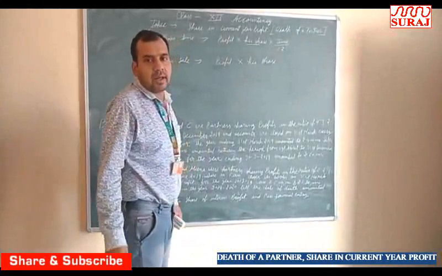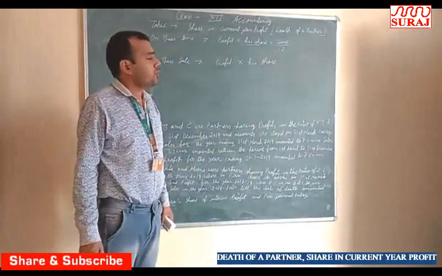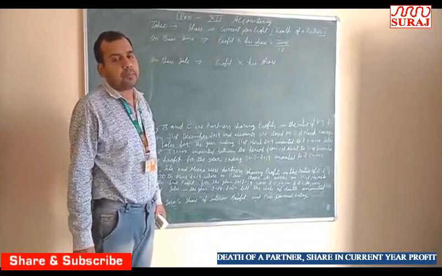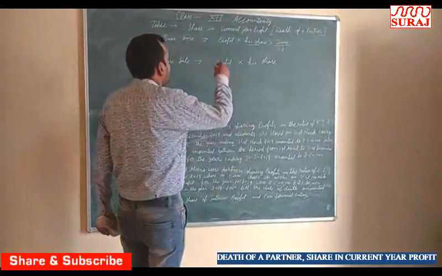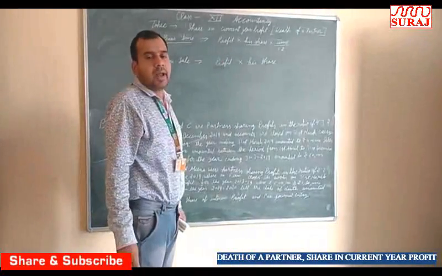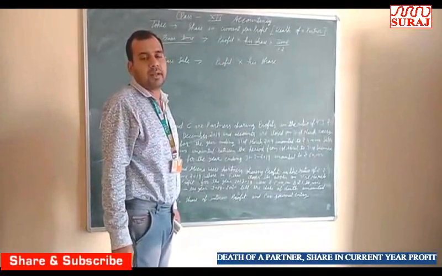Dear students, in the last video I taught you the calculation of profit of a deceased partner on the basis of time, and the entry. What entry will be passed?